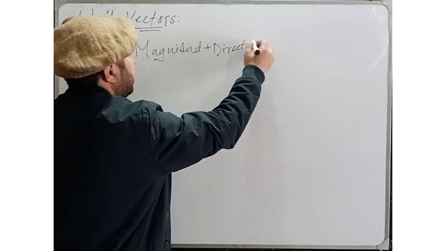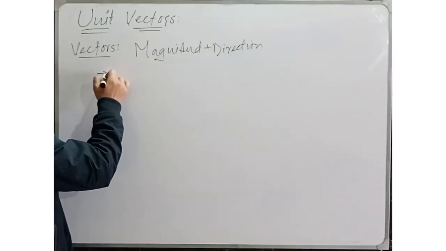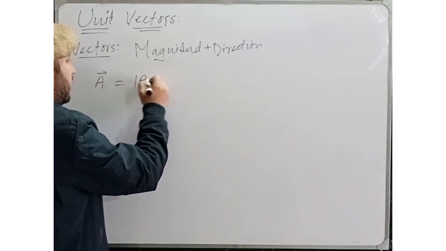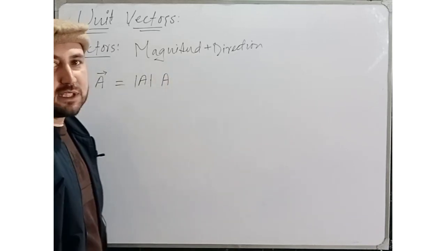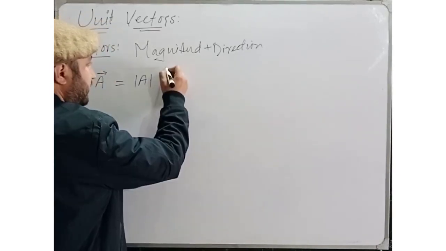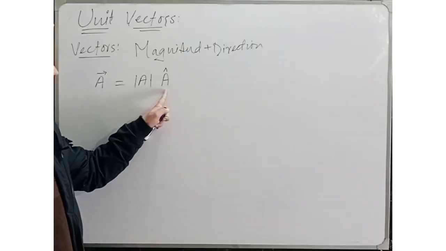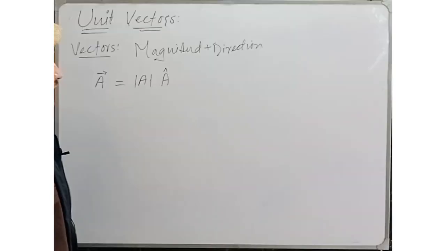Now, mathematically we can represent this statement as, let's take a vector A, and this vector in terms of its magnitude can be written as absolute A times, and for direction we use a special vector which we call a unit vector, and that unit vector is represented by a letter with a cap on that letter. So a cap or a hat is actually representing a unit vector.